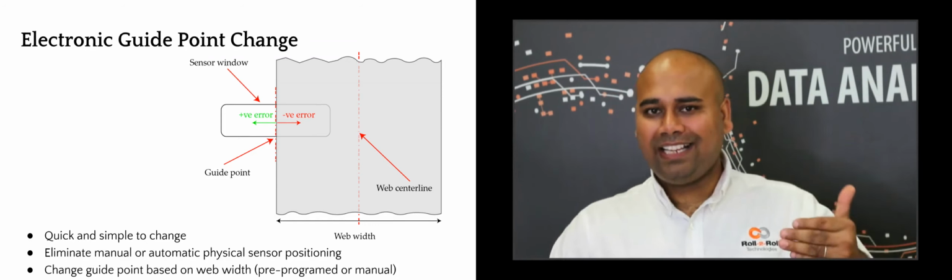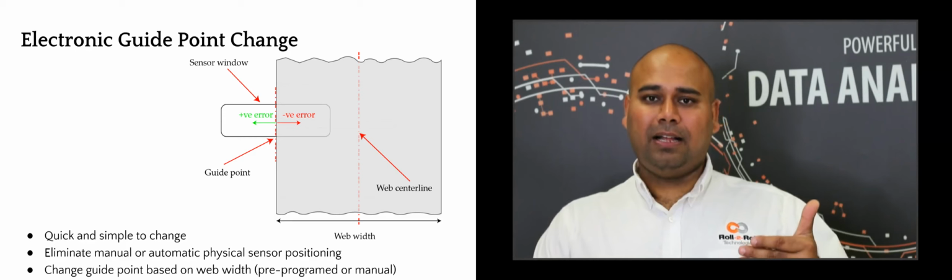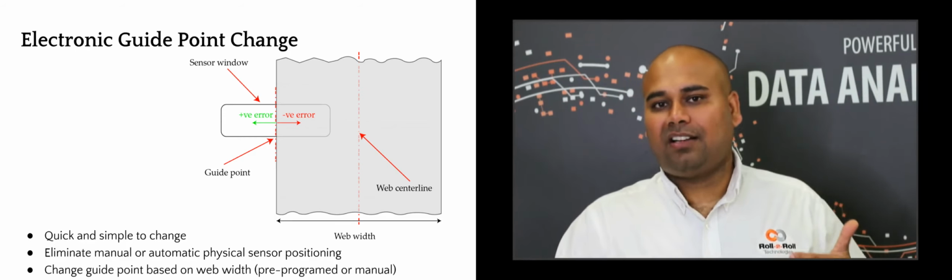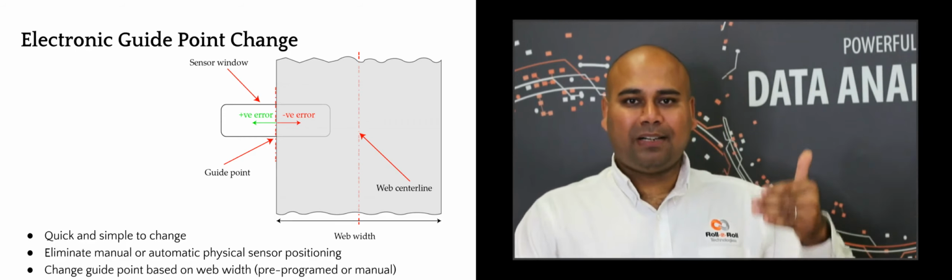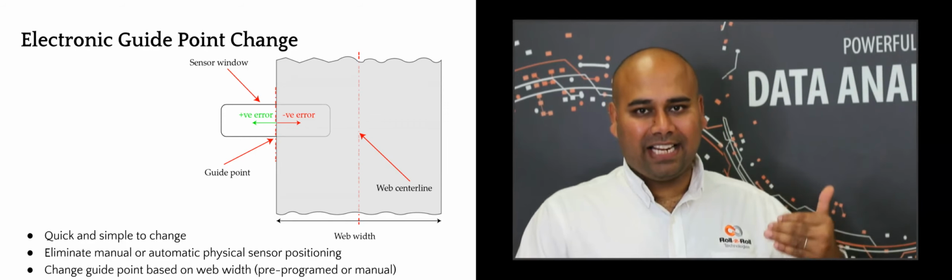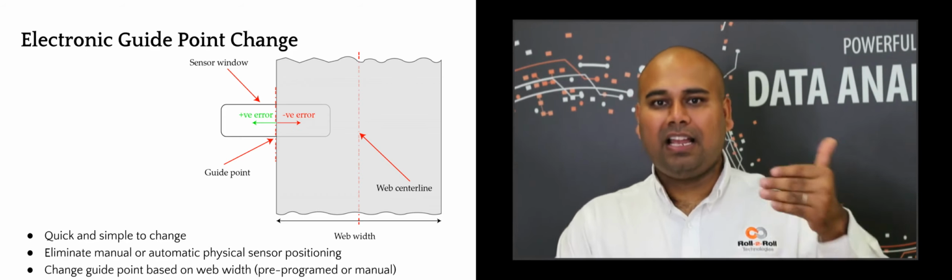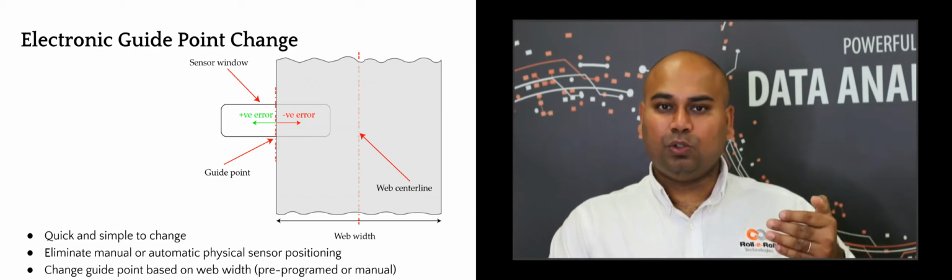So instead of guiding to 5 millimeters, when the web width changes, you can guide to 2 millimeters as the reference. So if the web is at 1 millimeter, it creates a negative error, and when the web is at 3 millimeters, it creates a positive error, and now your guide point is moved to 2 millimeters.